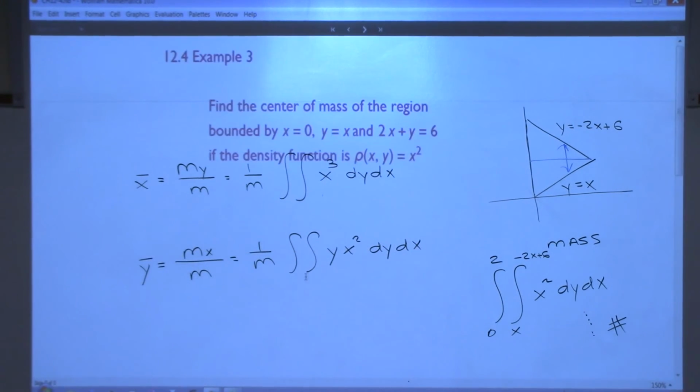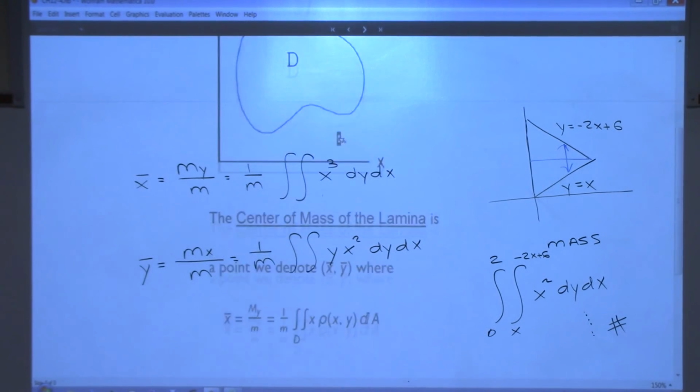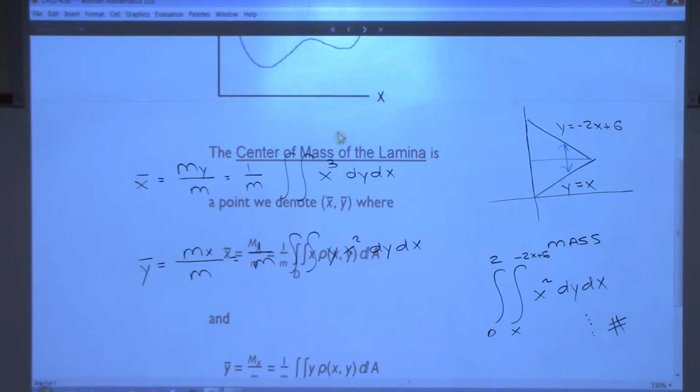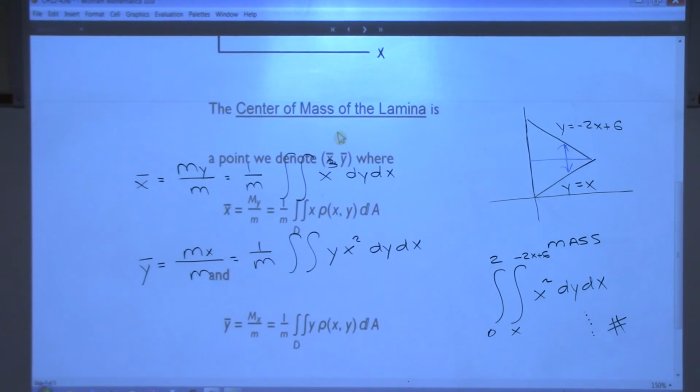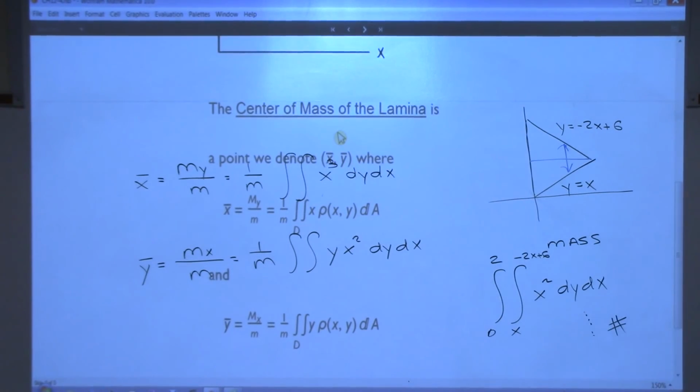For x bar, where did I reverse it? You sure? My notes are different than yours. What does yours say? On the x bar, it's multiplied by y.